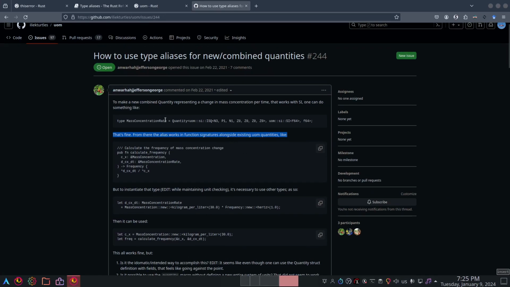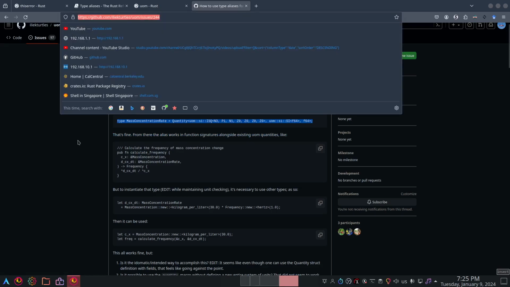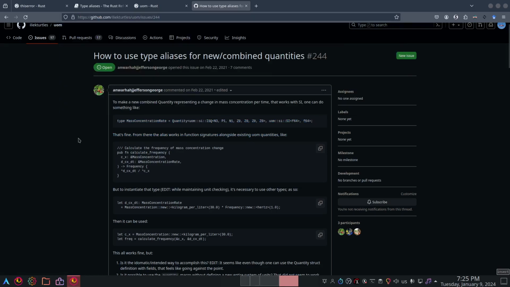You can use something called a type alias to define a new unit. I'll leave the link in the description. This is issue number 244, how to use type aliases for new combined quantities. So you just follow this, and basically if you want to make a new type or new unit, you can define this quantity and fill this in accordingly.